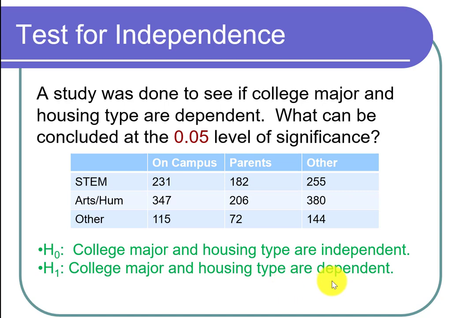Because again, when you have a test for independence, independent is what H naught gives you, and dependent is what H1 gives you. So we have our table. We know we're doing a test for independence. So now we just have to go ahead and go to our calculator and put in the values.